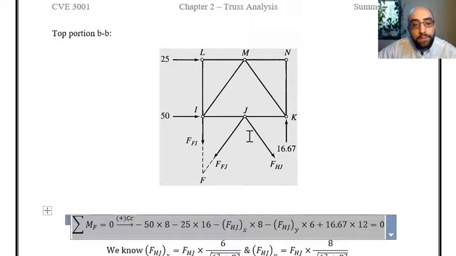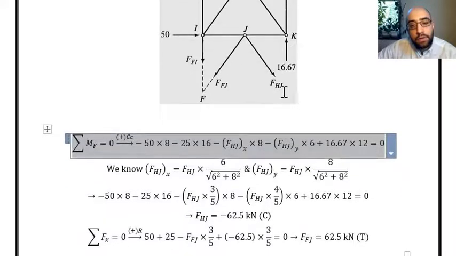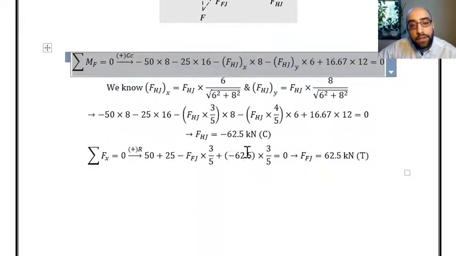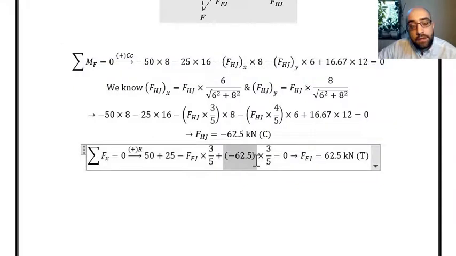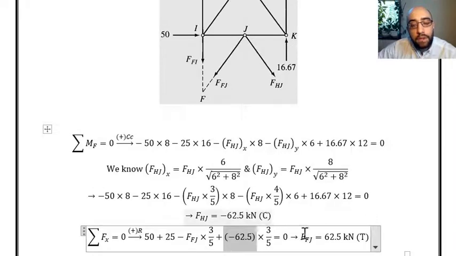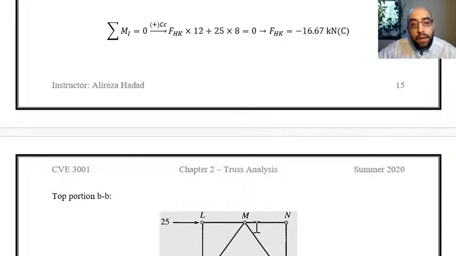I'm looking at this top portion of the truss that I have over here. 25 plus 50 minus the horizontal component of FJ, and then the horizontal component of FHJ. This is FHJ that we calculated already, and putting this into this equation, you can see FJ is found as 62.5 kilonewton. This is positive, which means that the member is in tension.